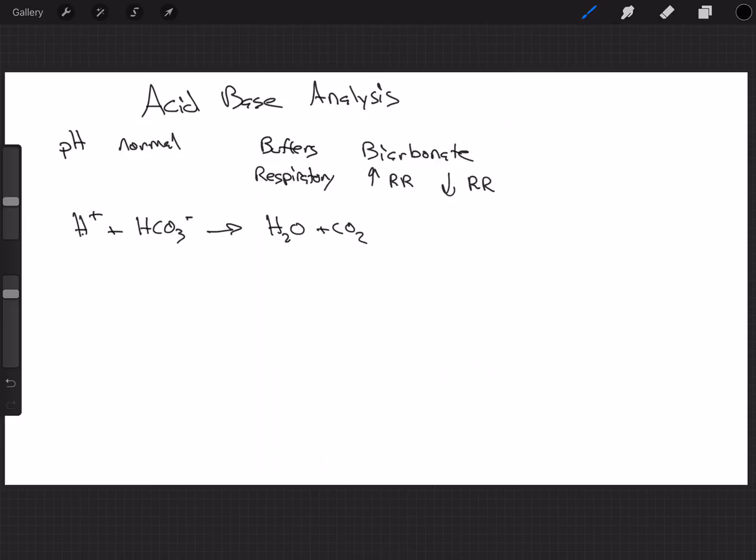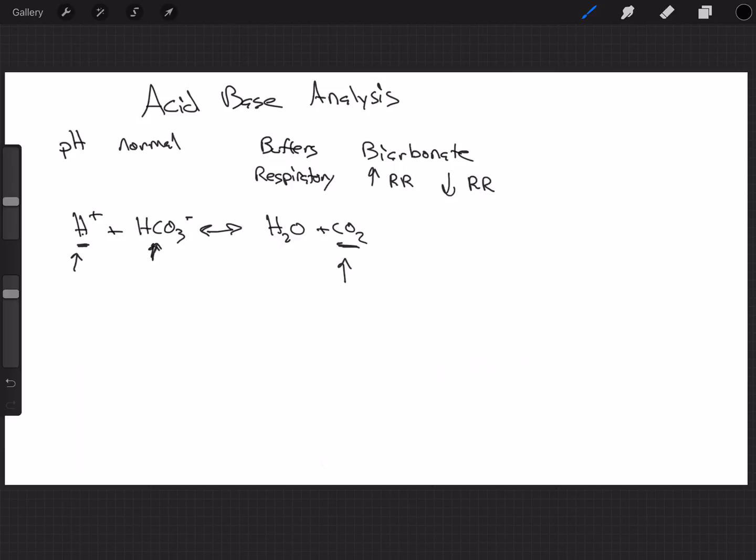So as a paramedic, the very simplistic view is that CO2 is the same as hydrogen, meaning if we make more CO2, it can combine, because this reaction here can go both directions. So if we add a whole bunch of CO2, aka the patient stops breathing, we start building up a bunch of CO2, then CO2 is going to combine with water and turn into bicarb and hydrogen ions, and the patient will become acidic.